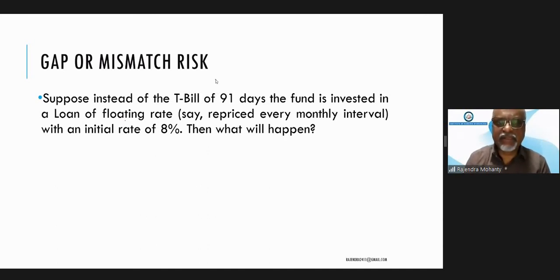The 91 days deposit is with you. Now this loan is there, but here the loan is a floating rate of interest, priced every month. It means within 91 days, how many times is the interest going to change? Three times, sir. Minimum twice it will change.